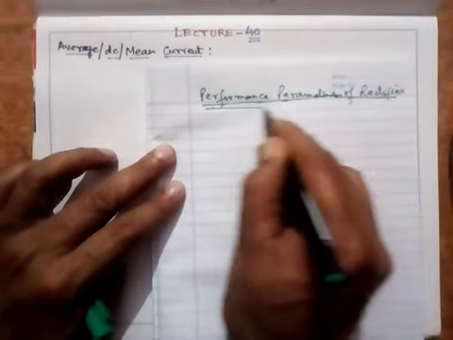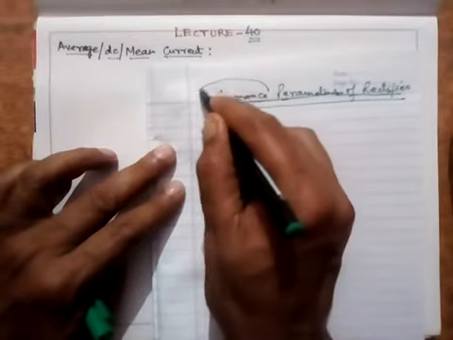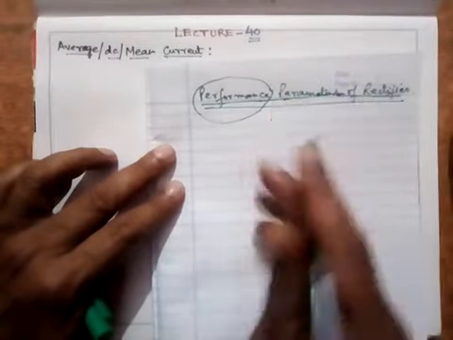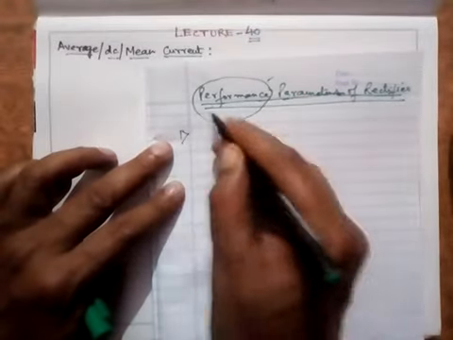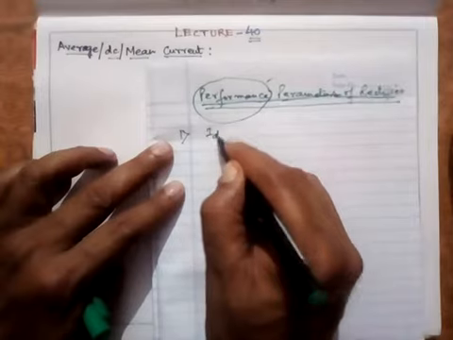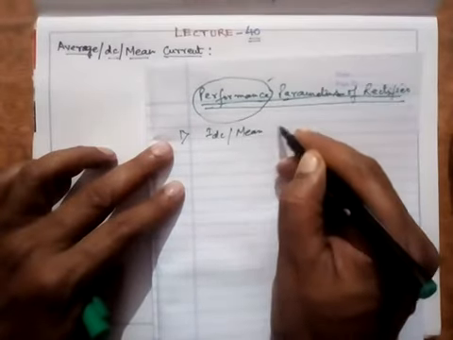There are certain performance parameters, means certain parameters on which the performance of a rectifier is visualized, and those parameters are, in all the rectifiers we'll study them. First is the DC value. It is called DC, or it is also called the mean value or the average value.